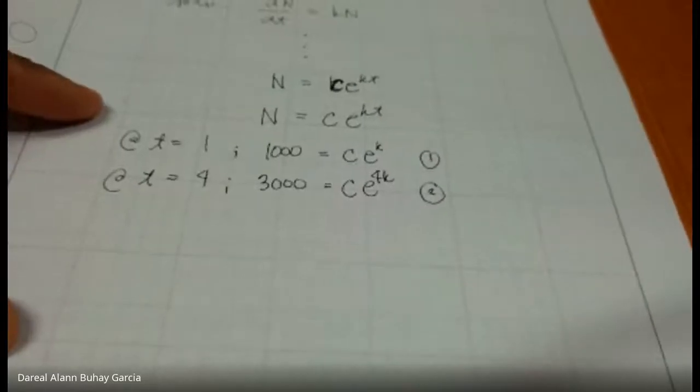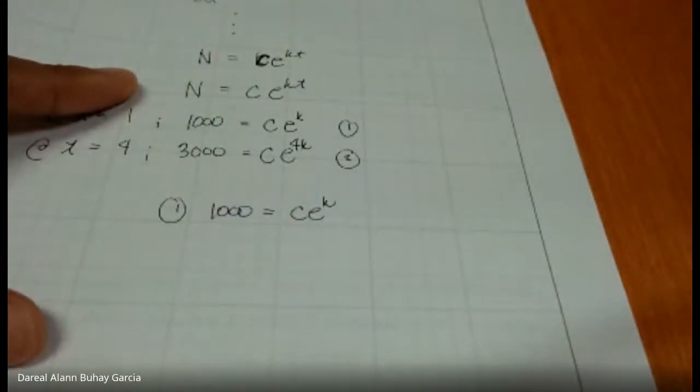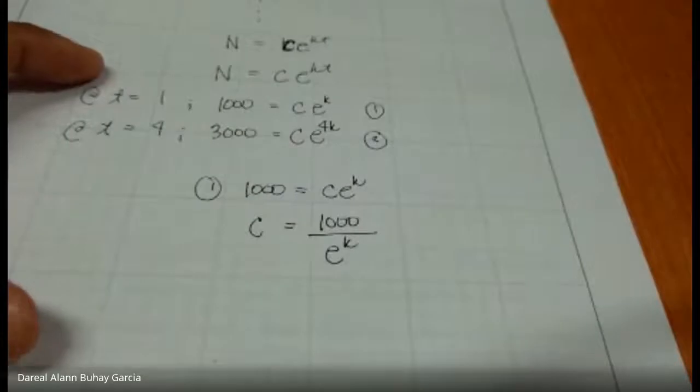So out of equation 1, 1,000 is equal to C e to the k. Let's find an expression for C. C is equal to 1,000 over e to the k. This is equation 3, extracted from equation 1. Let's substitute equation 3 into equation 2.